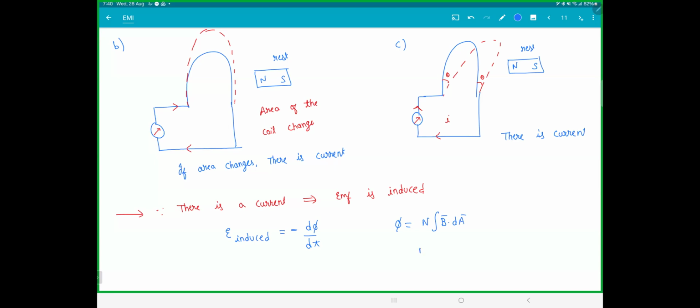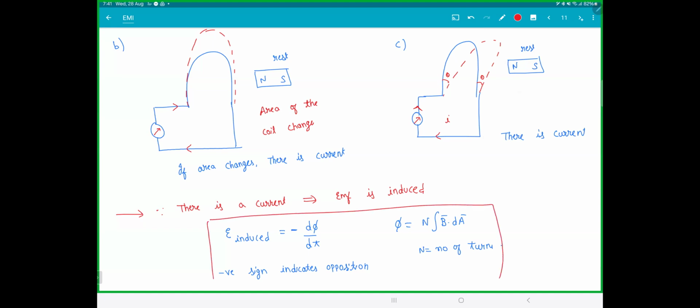N is the number of turns. And here the negative sign indicates opposition. We will see what is that. This was Faraday's law of electromagnetic induction.